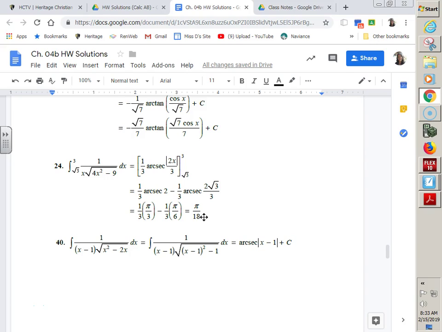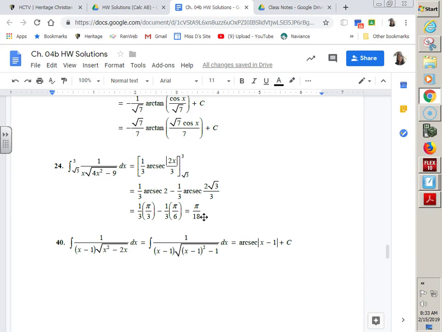Okay, then simplify. 2 rad 2 over 2 is just rad 2. And 2 rad 3 over 3. Oh my goodness. So when they said arcsecant of 2, I should have been able to go to pi over 3. When they said arcsecant of 2 rad 3 over 3, I should have been able to go to pi over 6. Yes. Unit circle. Some of you might need that cheater chart. I think it's helpful, because it is.